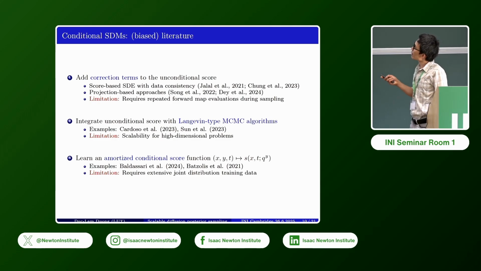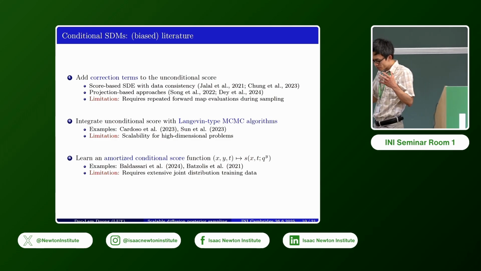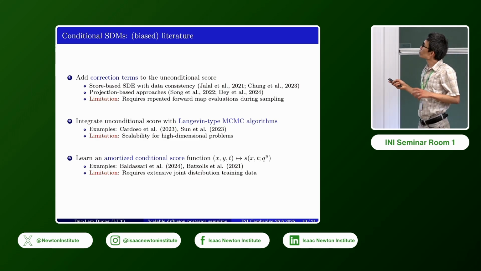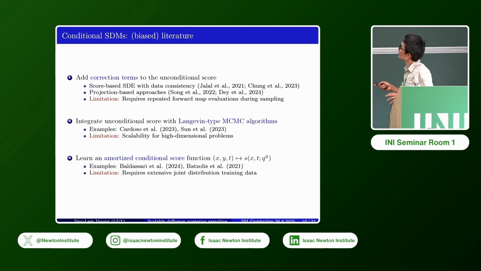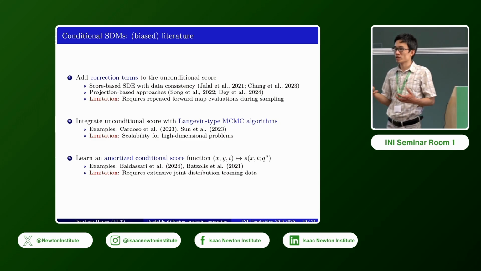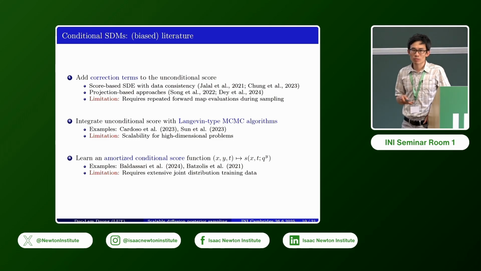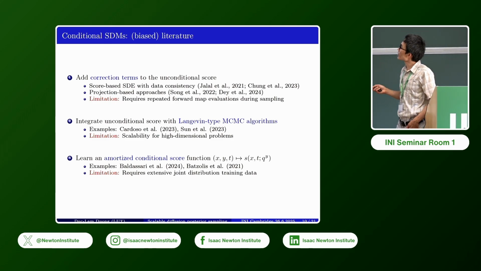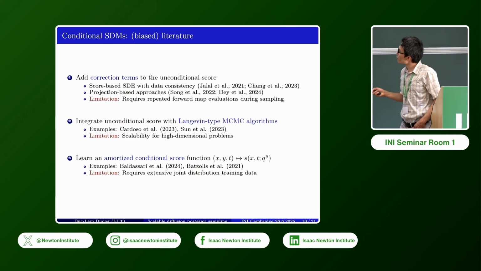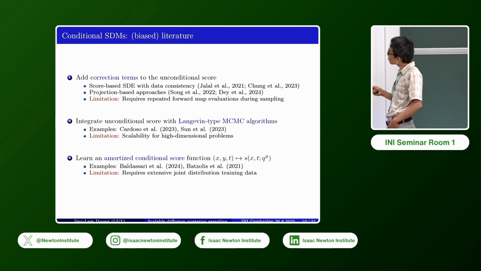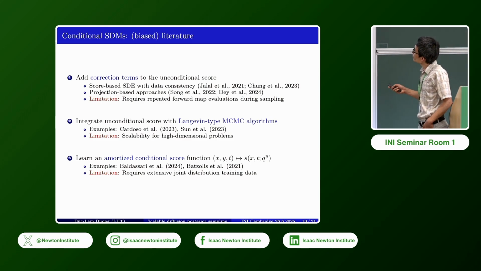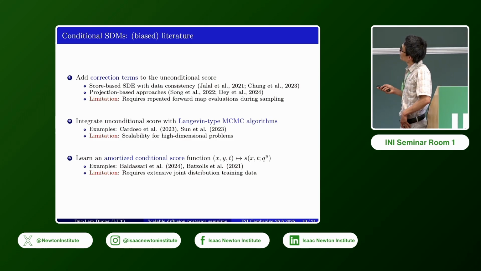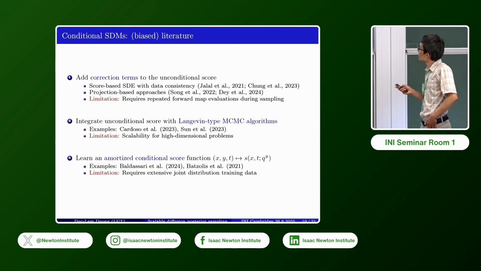However, approaches in this direction fall into the limitation that you need to evaluate the forward map multiple times during sampling. Usually for each sample, you need to evaluate this forward map a lot. And then the second group uses Langevin-type MCMC algorithms.